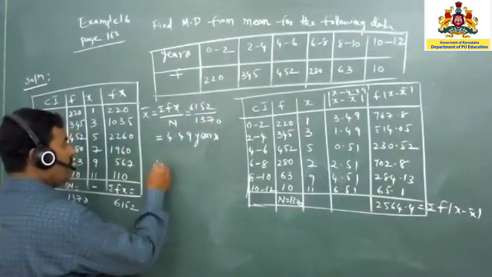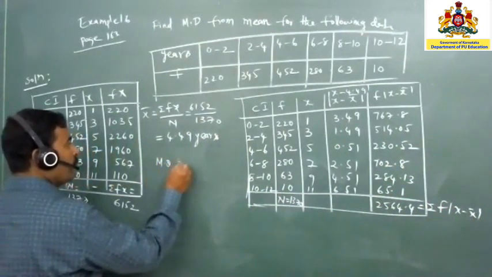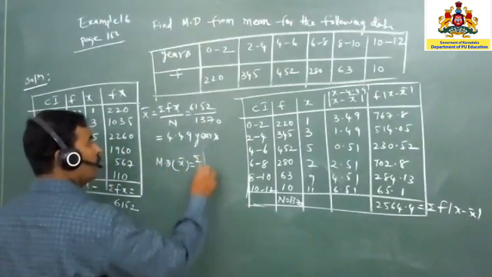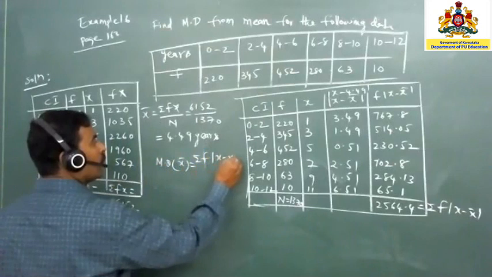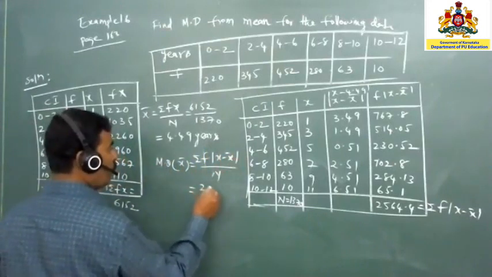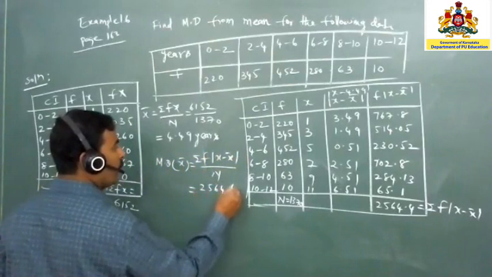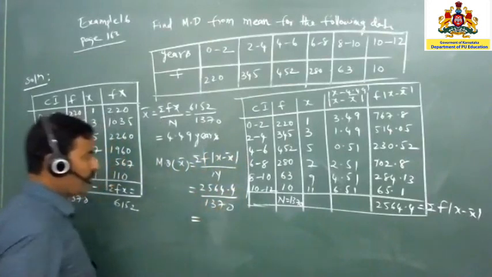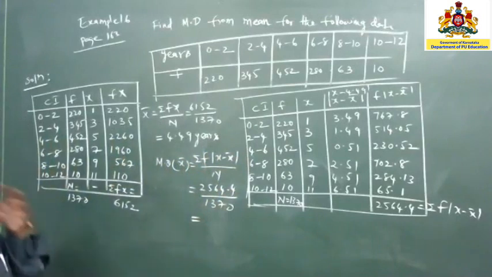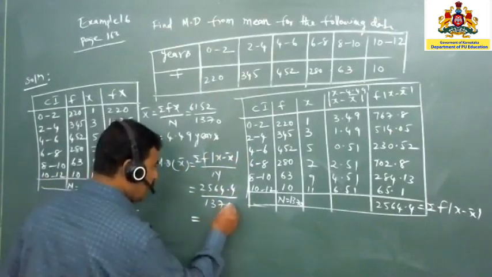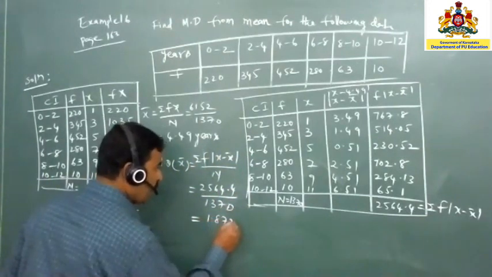Therefore, mean deviation from mean, by the formula summation f into modulus of x minus x bar by n, equals 2564.4 by 1370, equal to 1.872. The answer is 1.872.